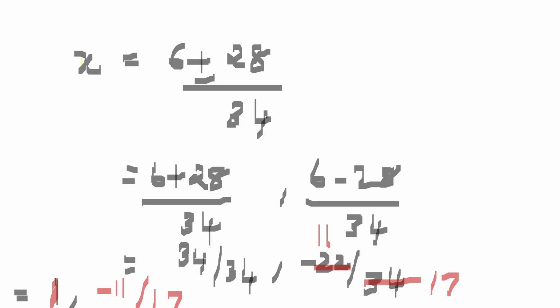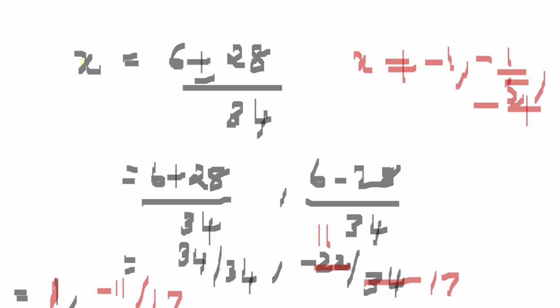And in the question you can see that x is not equal to minus 1, minus 1 by 5 and minus 4. So both x equal to 1 and x equal to minus 11 by 17 are valid solutions.